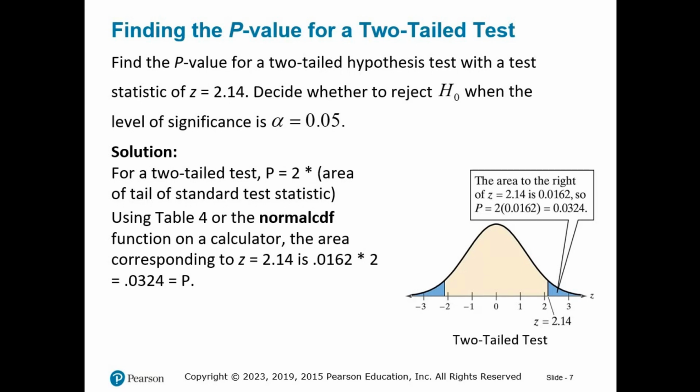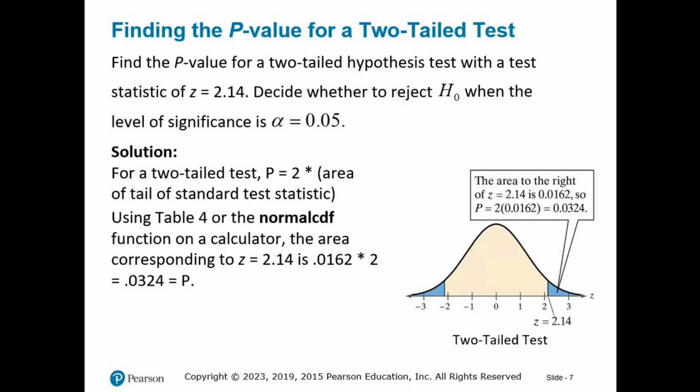Then you put in the lower value, and in order to put a large negative number, you put the negative sign, then 1, then second, then the comma, and then 99, and that gives you your large lower bound. Then you press enter, then put in 2.14 as your upper bound. Press enter as many times as you need to calculate, and we should come up with 0.0162.